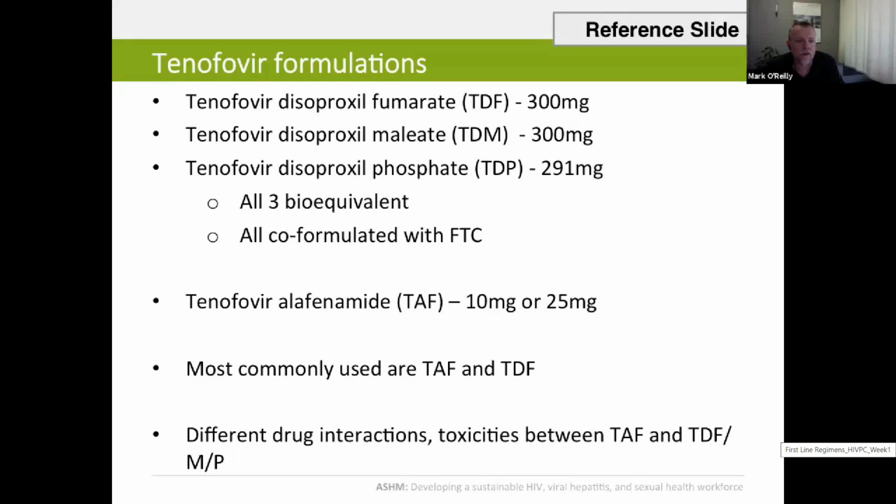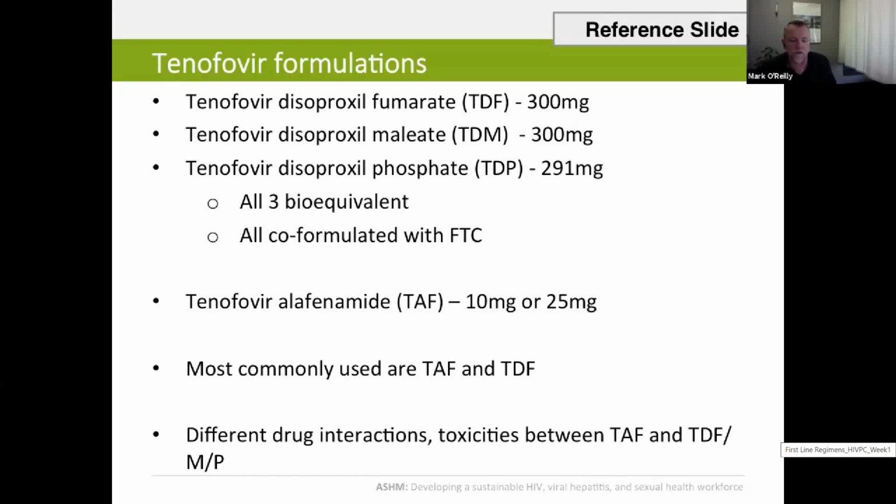In terms of the tenofovir formulations, TDF, the one we've been using for a longer period of time, comes at 300 milligrams, and its salts are bioequivalent. I won't spend much time. This is a reference slide, really, just for your understanding of the different types of tenofovir.